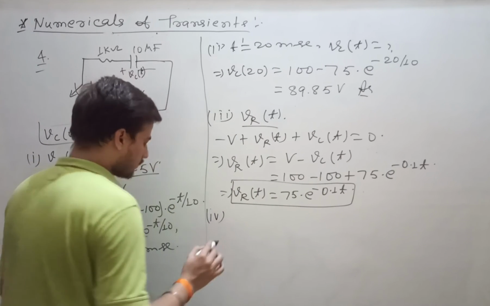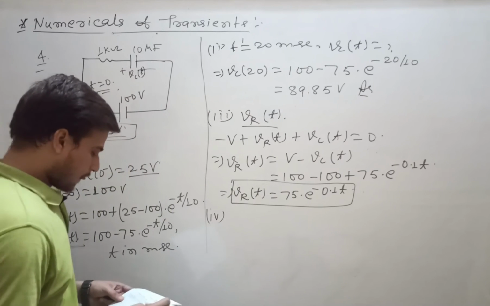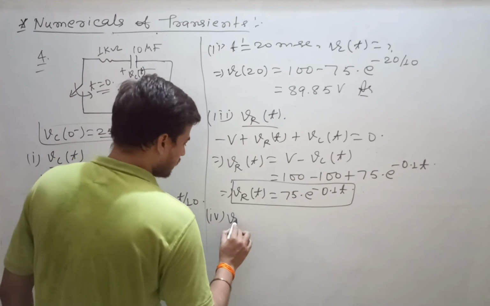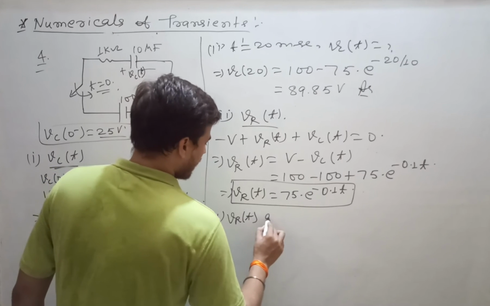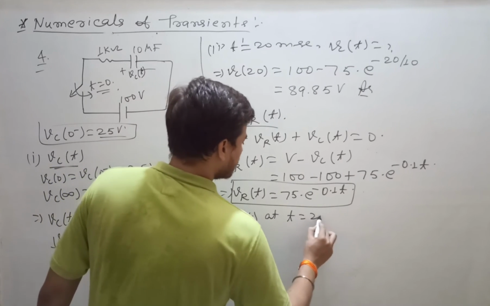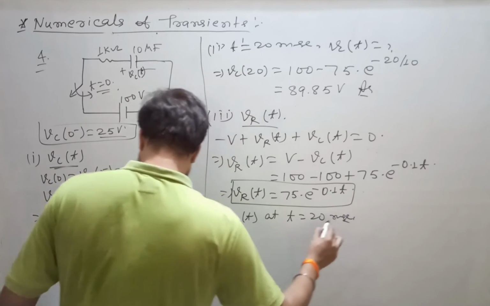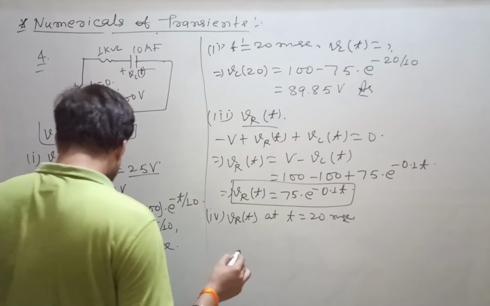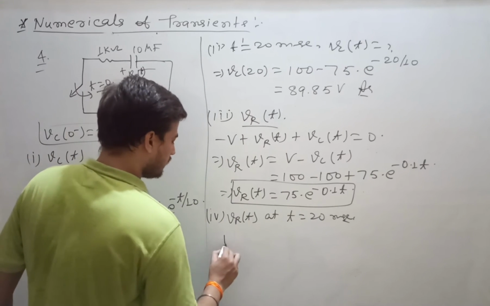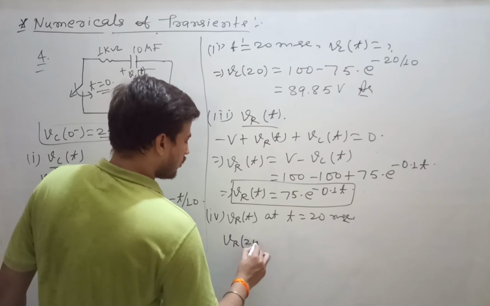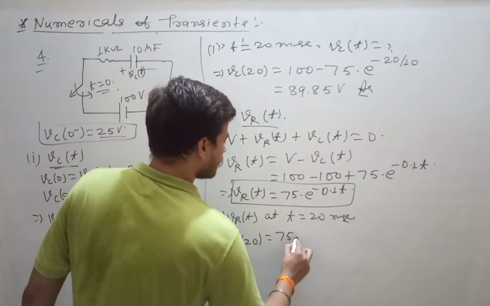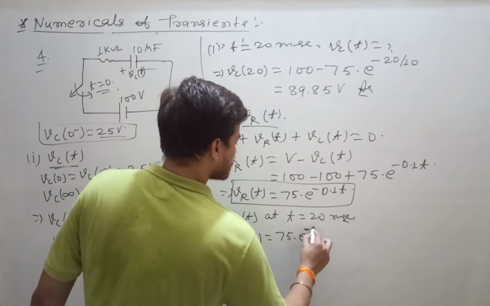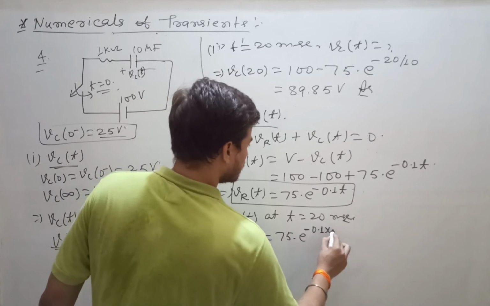Come to the fourth question. It is given that we have to find VR(t) at t equal to 20 millisecond. So you write VR(20) will be equal to 75 into e to the power minus 0.1 into t.